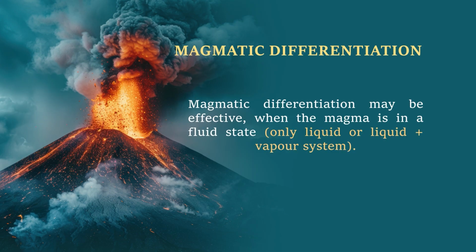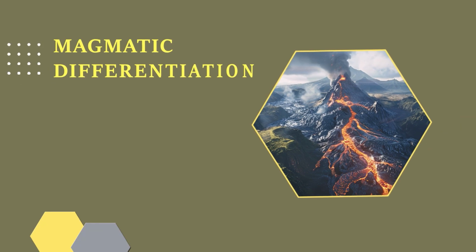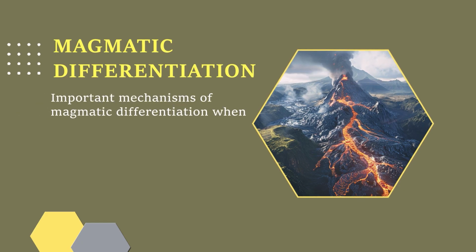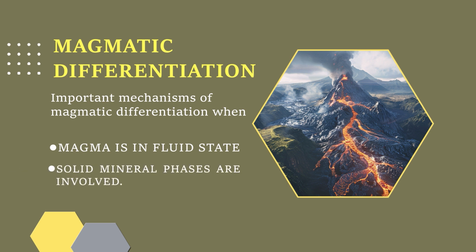Magmatic differentiation may be effective when the magma is in a fluid state, or liquid, or it can be a liquid and vapor system. There are important mechanisms or processes of magmatic differentiation when the magma is in a fluid state or when solid mineral phases are involved.